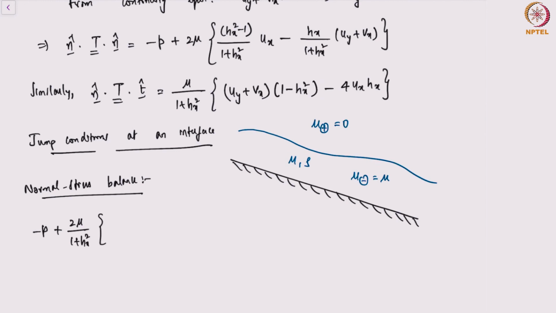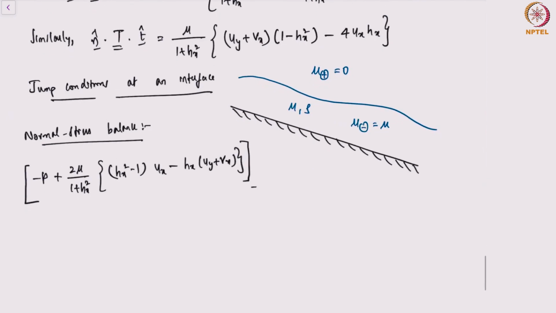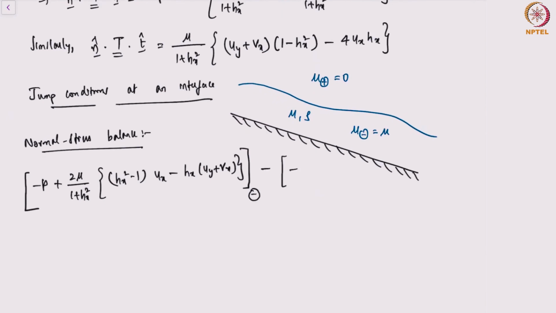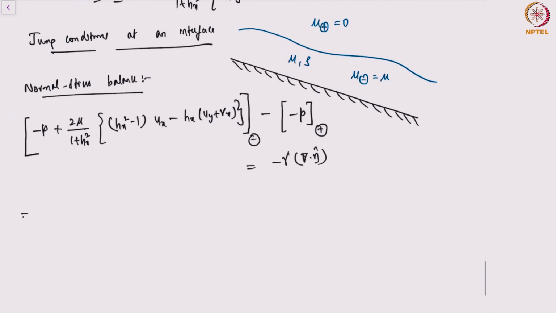This whole thing is valid for the fluid below. The fluid above has zero viscosity, so it's just minus P for the fluid above. This would be minus gamma times del dot N.